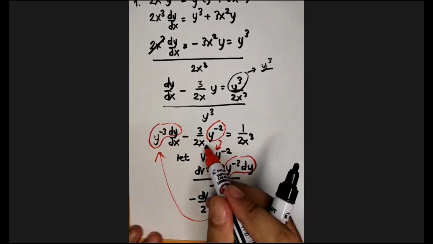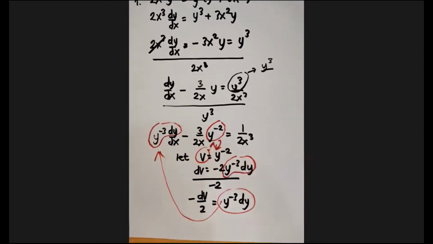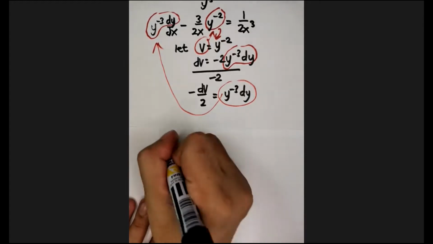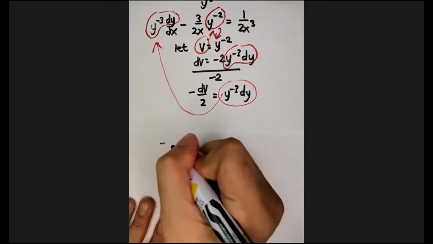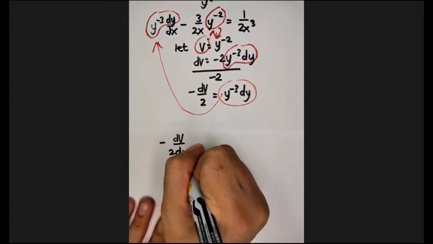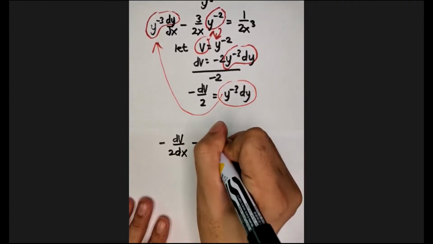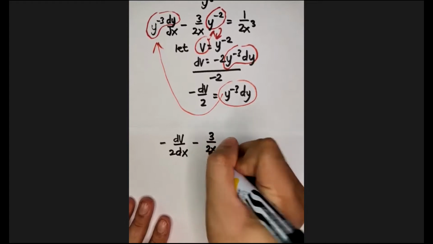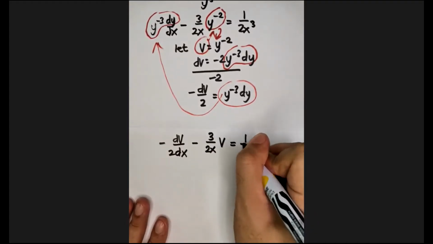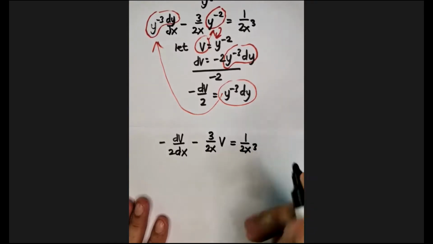And then yung V natin, isubstitute natin siya dito. So therefore, ang makukuha natin ay negative dv over 2 dx minus 3 over 2x times v is equal to 1 over 2x cubed.